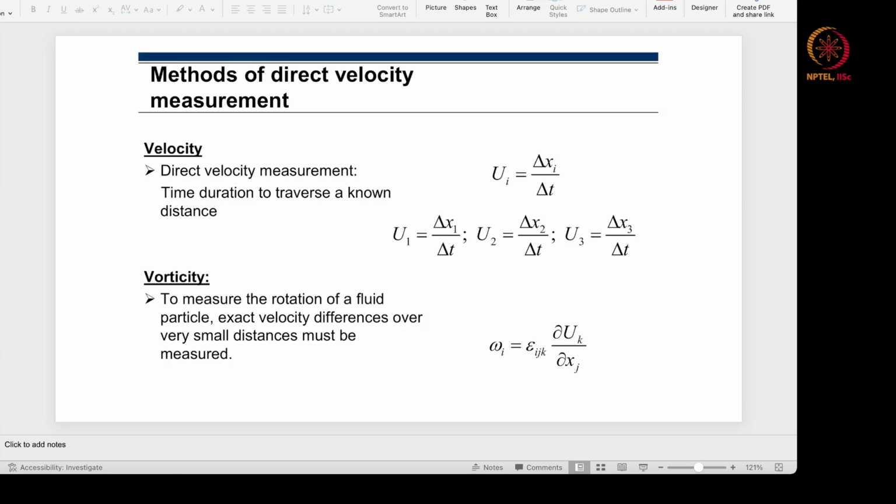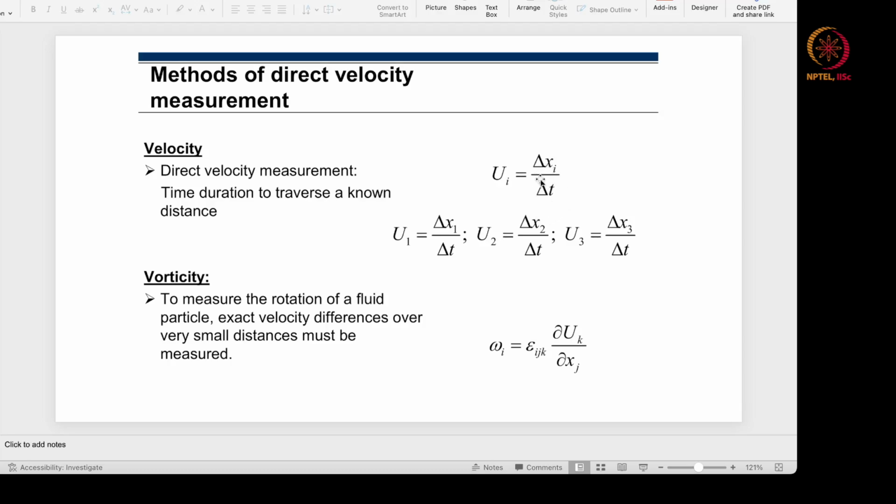So the method of measuring velocity basically comes in two flavors. One is direct measurement of velocity. That means you know how much distance the tracer or any parcel of fluid actually covers in a particular amount of time delta t. You basically resolve this displacement into the x, y, z directions, and then the ith component of the velocity is nothing but the displacement in the ith direction divided by the time interval that has elapsed.